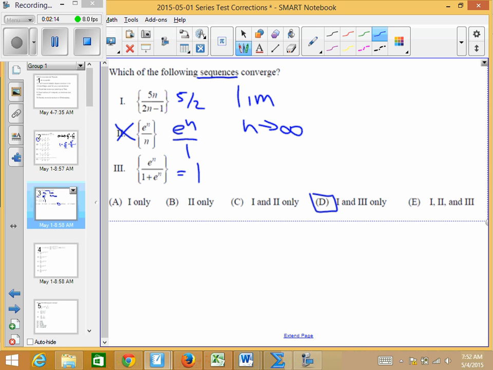That's different than asking if the series converges. All of these series are divergent, because the terms don't go to zero. But for a sequence, that doesn't affect it. That's not what we're looking at.